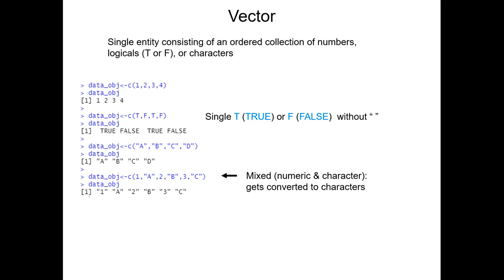And then we have characters, as I said before. One thing will happen if you combine, as in the bottom example, numbers and letters within the same concatenation function. All the numbers will be converted to characters, since that's the standard practice in R.